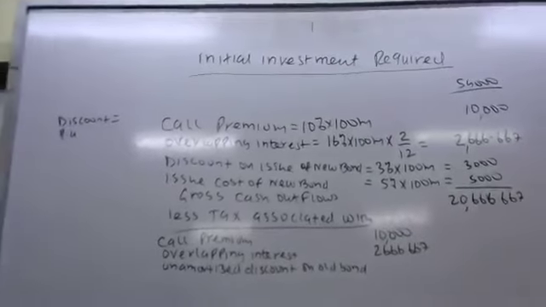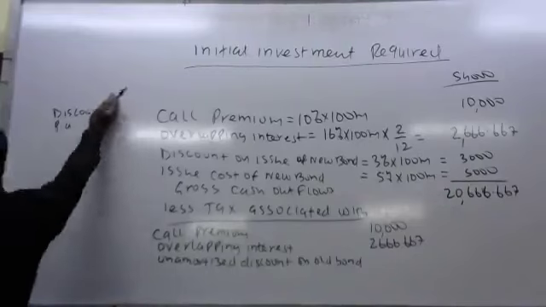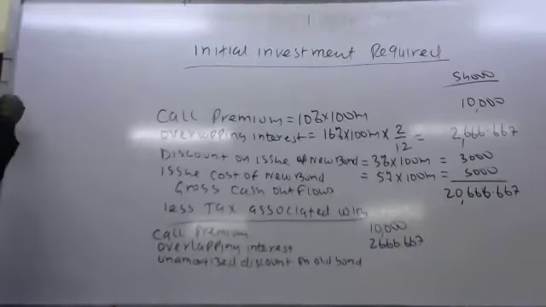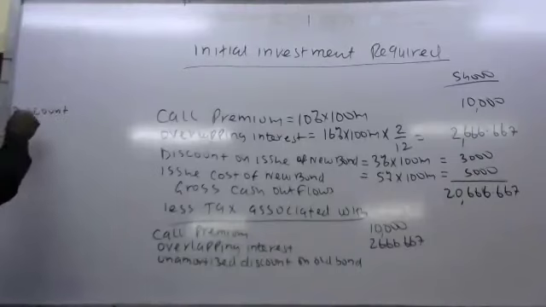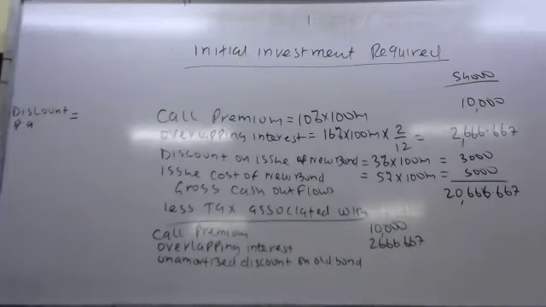You want to calculate the discount per annum on the old bond. That discount is there in the first paragraph, where they had said that the old bond was issued at a 2% discount.